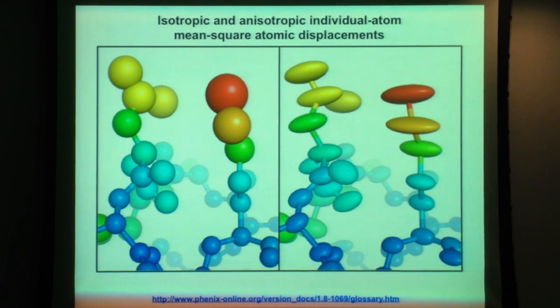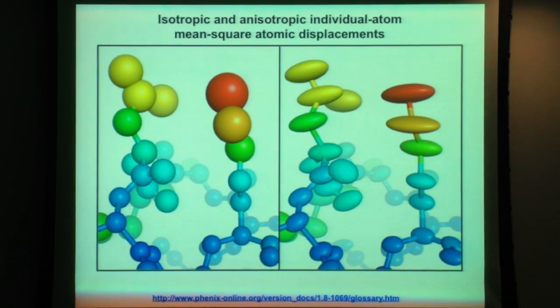Why are these guys looking ellipsoidal, even though we said that we're using the isotropic model? Well, the farther out a side chain you go, the more freedom of motion, the more degrees of freedom for the vibrational motion there will be.